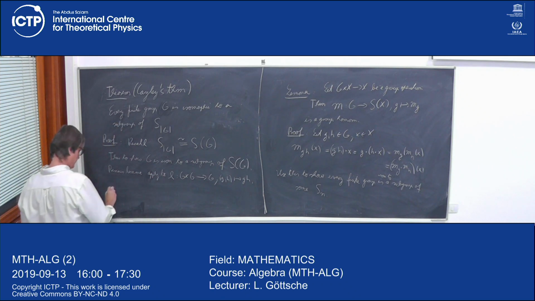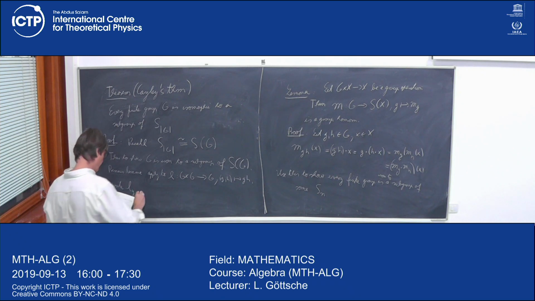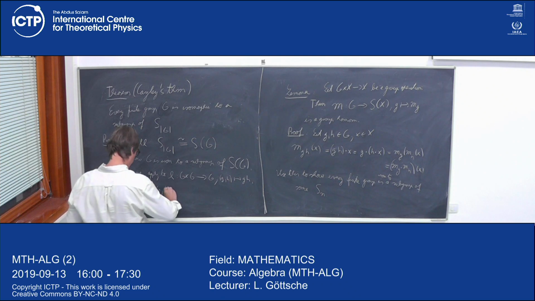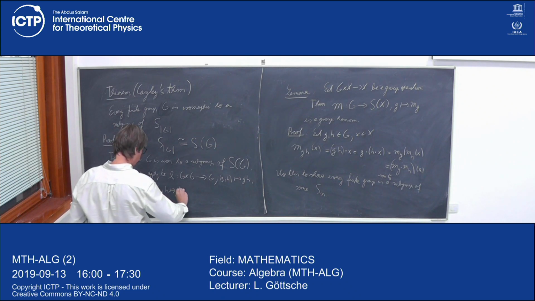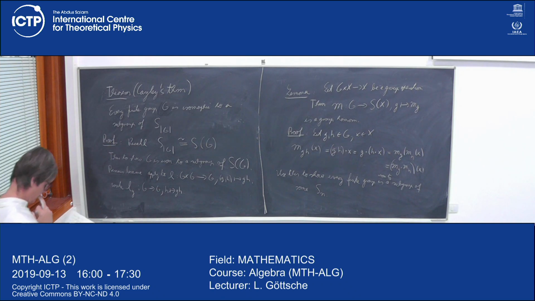So we write L_g for the map from G to G, which sends h to g times h, which was what I called m_g before.